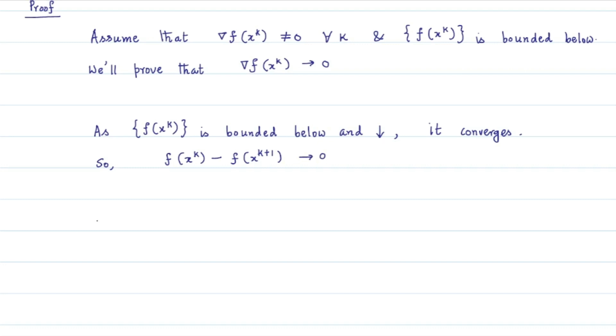Now assume, if possible, on the contrary that grad f(xk) does not converge to 0.